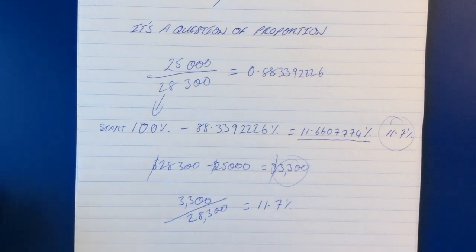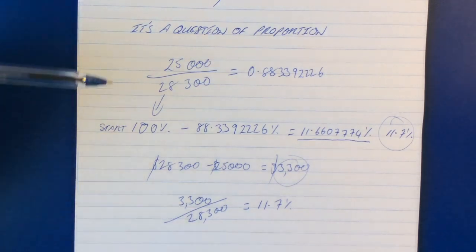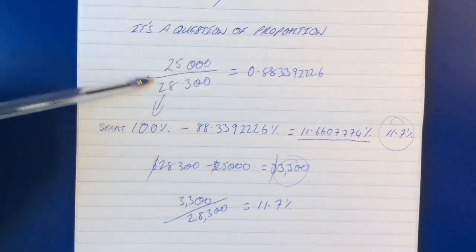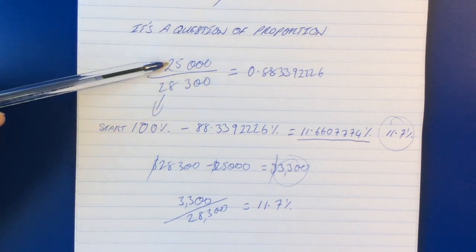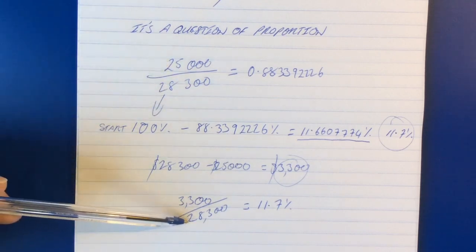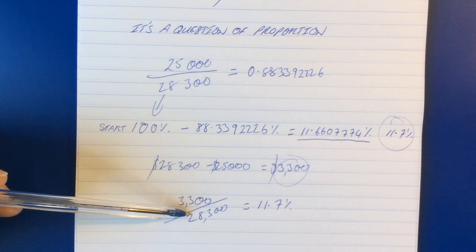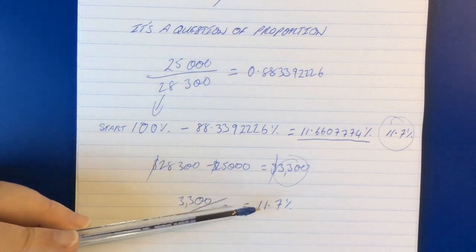And in both cases, it's a question of proportion. And we can go at it from the sticker price and the paid price perspective, or we can find the difference between the two and divide that into the sticker price, and we get our discount.